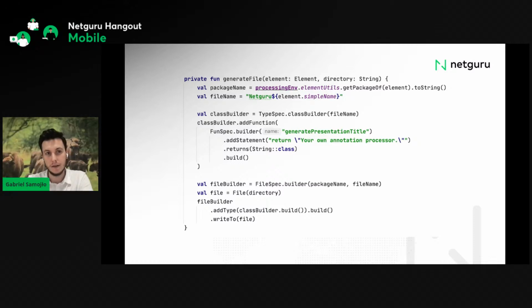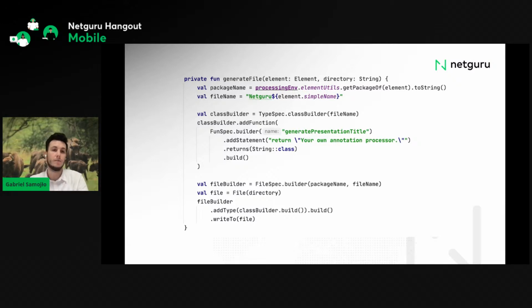Please keep in mind, if you would have annotation that has many target types, for example, class and method, you would need to handle this possibility here, because element can be really anything right there. You don't have guarantee that, for example, element here is class or element here will be method.